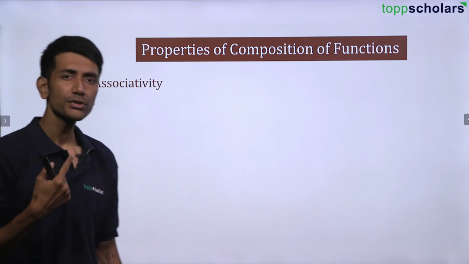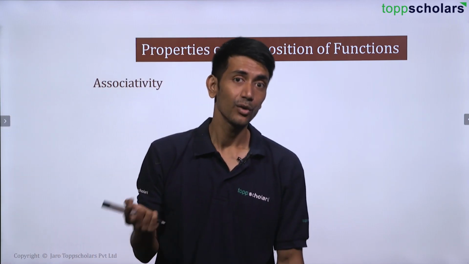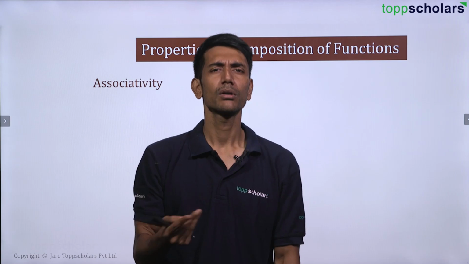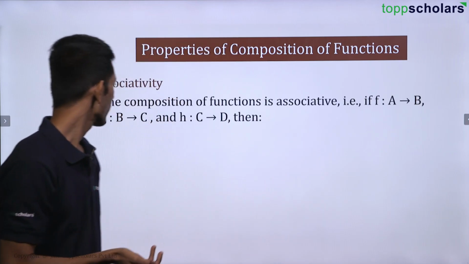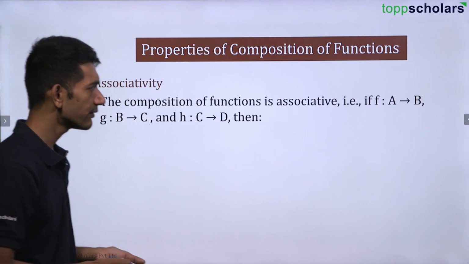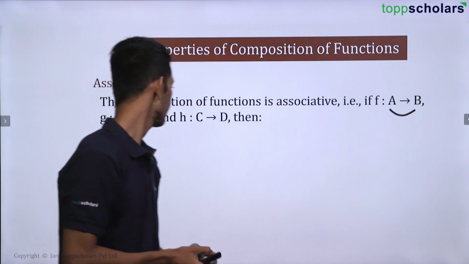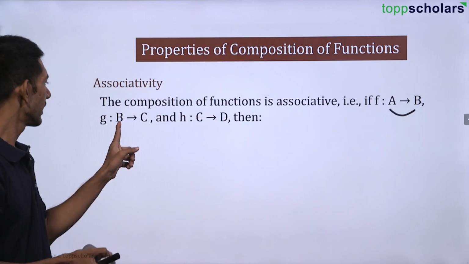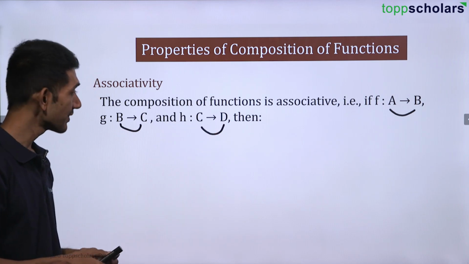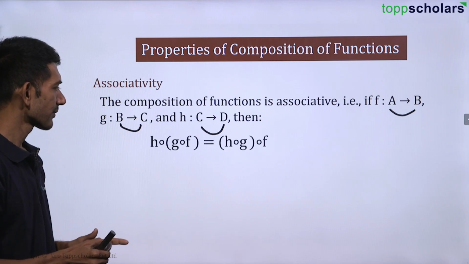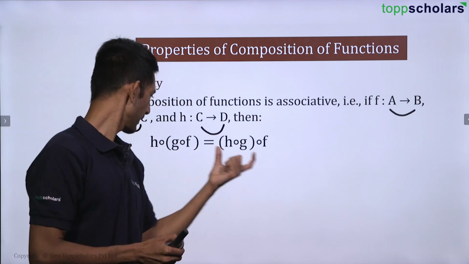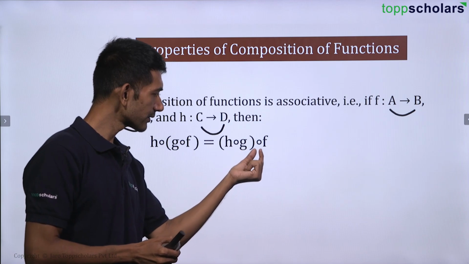Now let us talk about associativity. Associativity in lower grades also you have studied. We always need 3 terms there. Here we are talking about probably 3 different sets. So the composition of functions is associative if f from a to b is a function and g from b to c is a function and h from c to d is a function, then h of gof is equal to h and g together, of f.